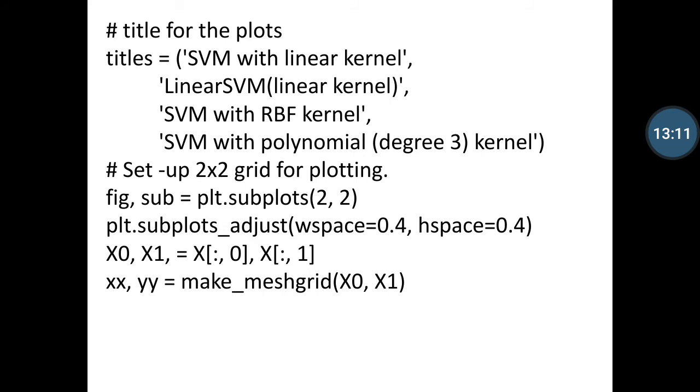Then call the values that are used in SVM: X0, X1 is equal to X[:, 0] and X[:, 1], and then call the variables xx, yy is equal to make_meshgrid of X0 and X1.